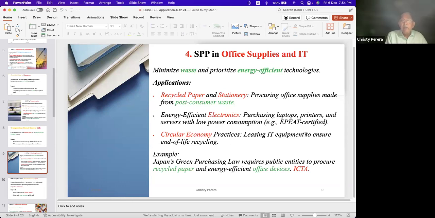That is why it's called leasing IT equipment, to ensure end of life recycling. Because at end of life, we send it back to the owner of the item. We do only leasing. I told you all, those people sometimes refurbish it, and again they will use it for some more years. So that is called circular economy practices. A good example is ICTA.